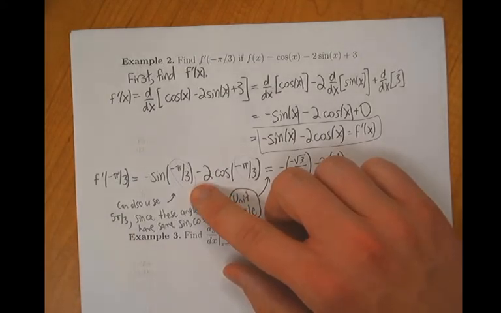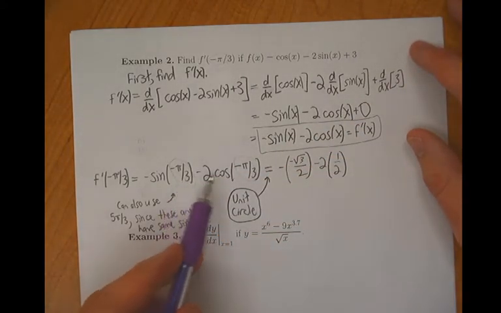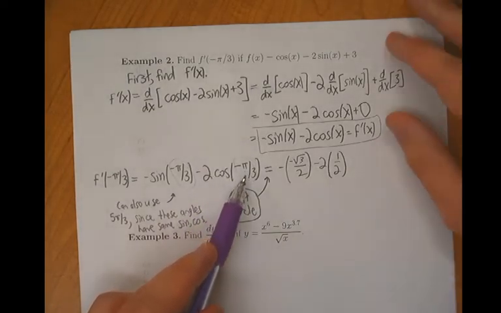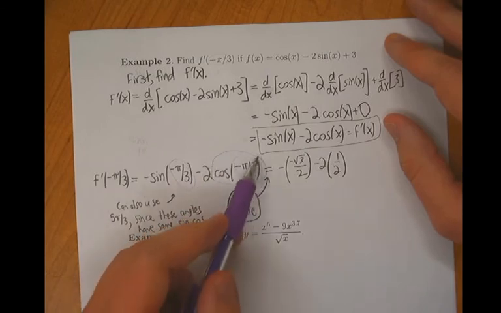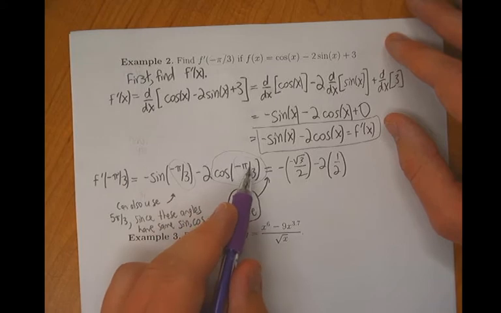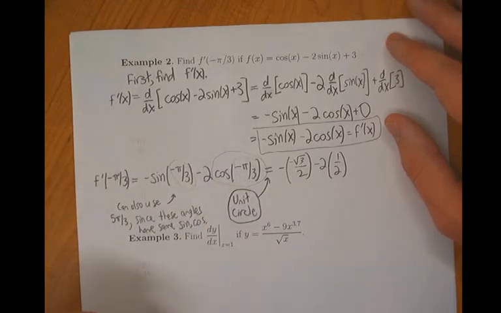Would it be negative for the 1/2? No, because remember, negative pi over 3 is technically in quadrant 4, is one way to think of it. Another way to think of it is that cosine itself is an even function, so this is the same thing as cosine of just pi over 3. So that's one way to think of it.